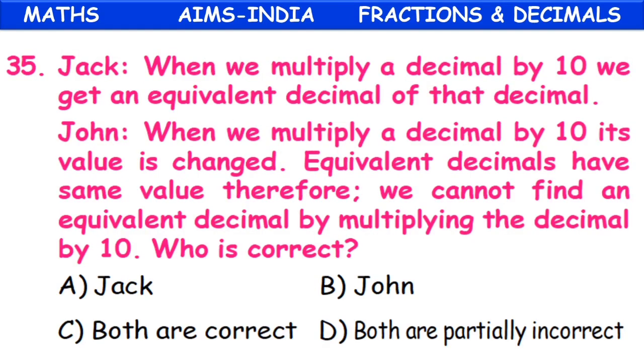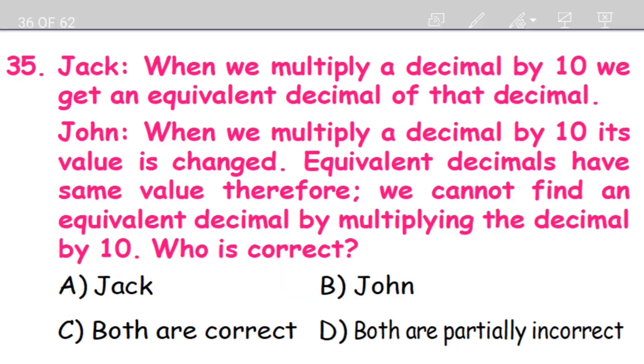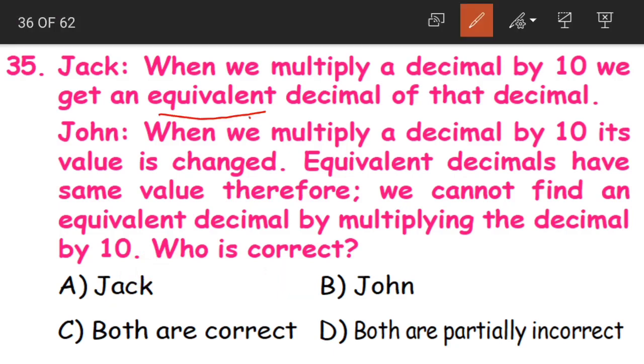Next question 35. Jack is saying that when we multiply a decimal number by 10, we get an equivalent decimal of that decimal. Now John is saying that when we multiply a decimal by 10, its value is changed. Equivalent decimals have the same value, therefore we cannot find an equivalent decimal by multiplying the decimal by 10. Who is correct? Now first, what is an equivalent decimal?